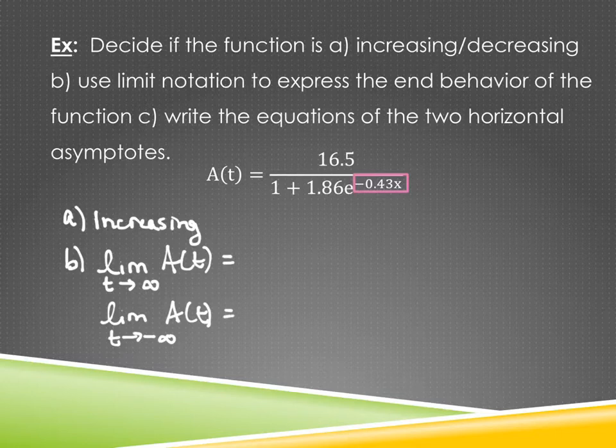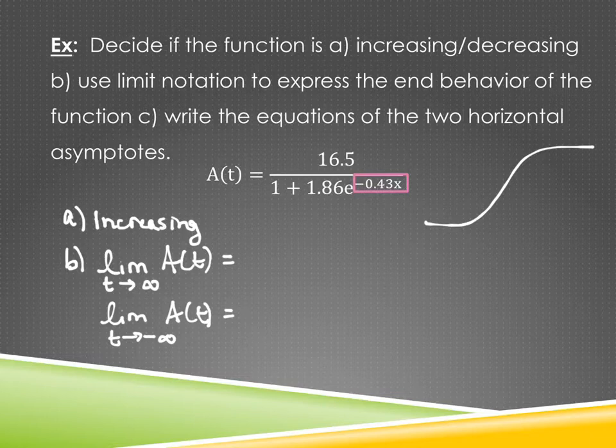So we've just said that we believe our graph is increasing, which means it has this basic shape. The 2 end behaviors in no particular order are what numbers? 0 and L. And 0 is just 0, and L is where in the function? On the top, right? It's the numerator, which in this one is 16.5.